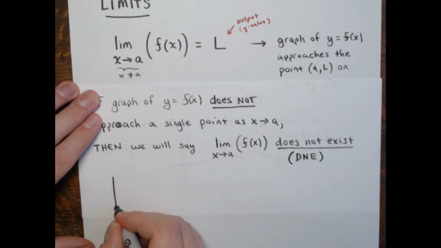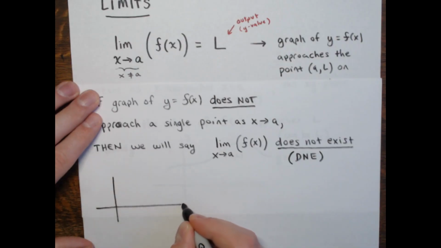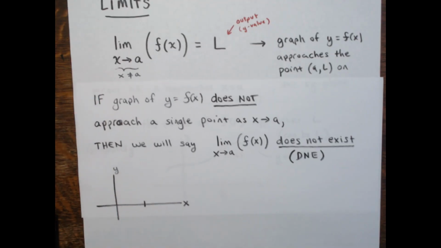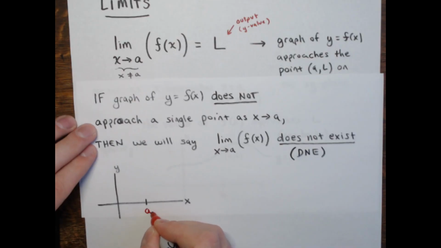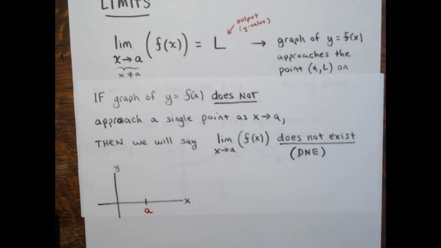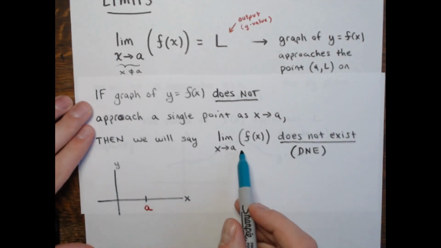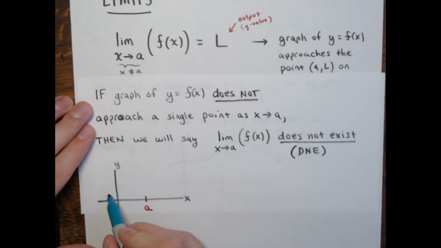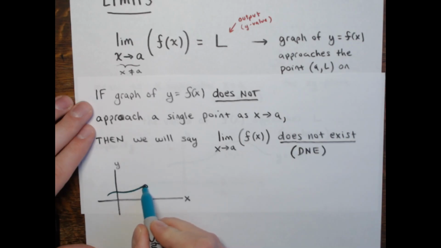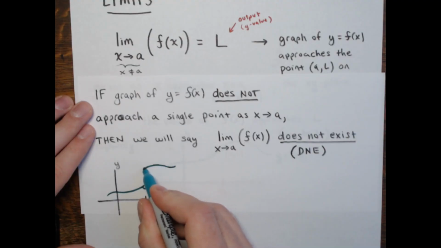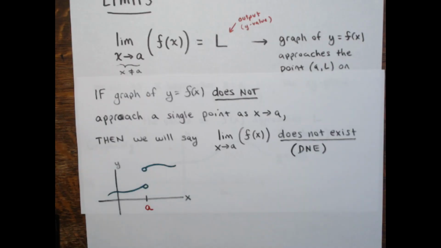So some examples of cases where that's happening. Here's xy, here's a on the x-axis. So one instance where they'd say this limit does not exist is if from the left side of a you approach one location, but from the right side of a you approach a totally different location.